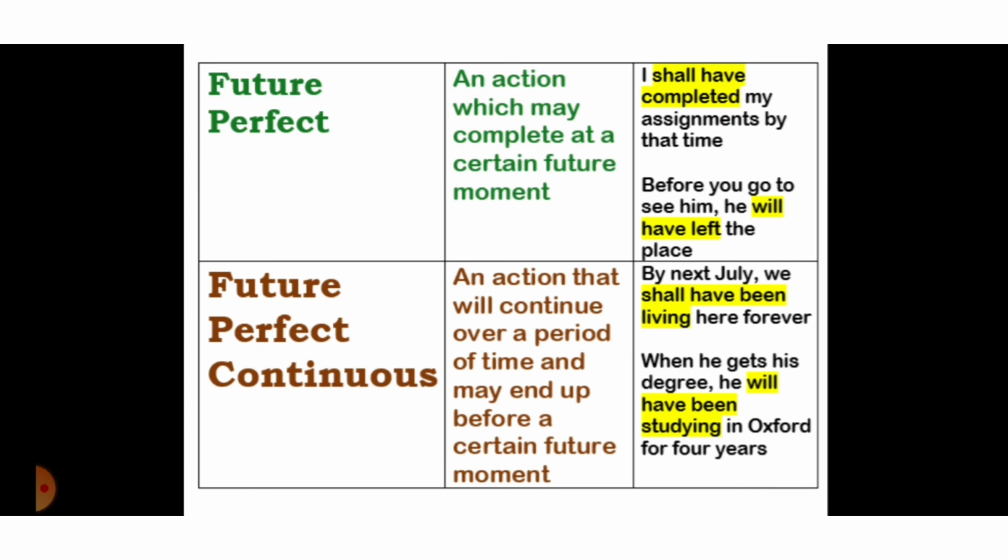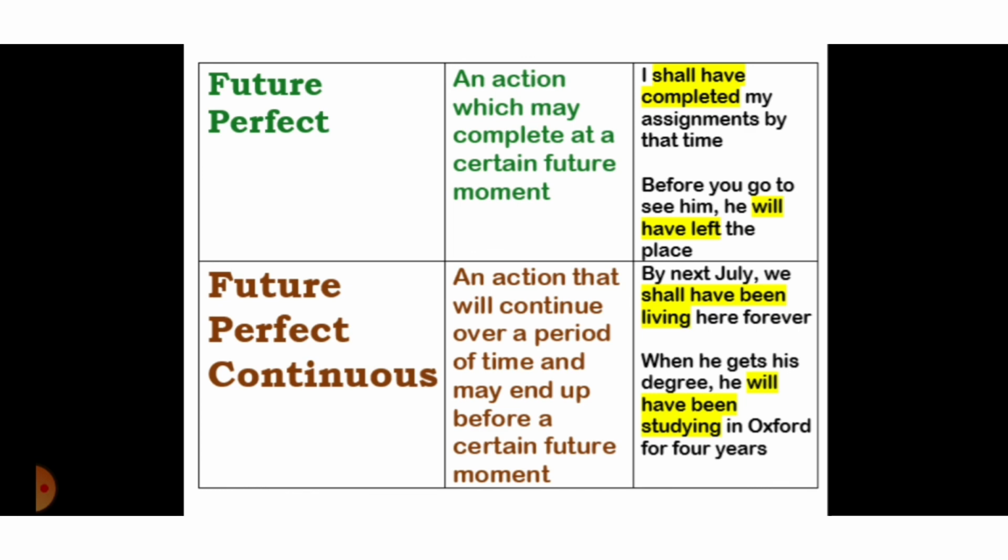So here, since it's not the past time, we will have been, then the primary verb, and then ing. It means an action which will continue over a period of time and may end before a certain future moment. So it will go on continuing over a period of time in future and will end before a certain moment in future.